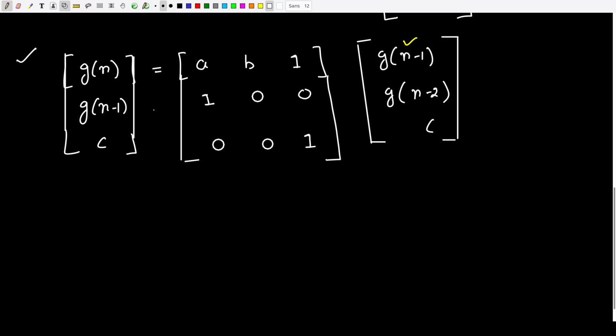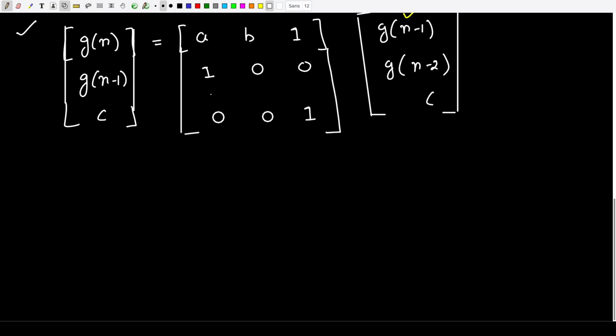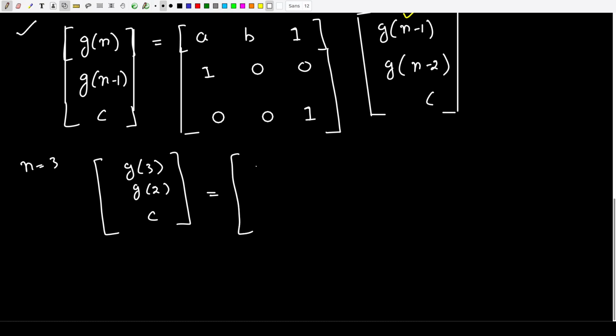Now let us work with this matrix equation with some example and try to see if we have optimized the problem or not. So let's take an example where n is equal to 3. Here, when n is equal to 3, we would like to find out G3, G2 and C, and this is equal to, we can write it down as A, B, 1, and here this is G of n minus 1.